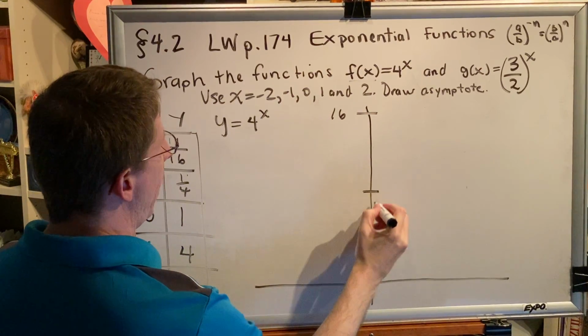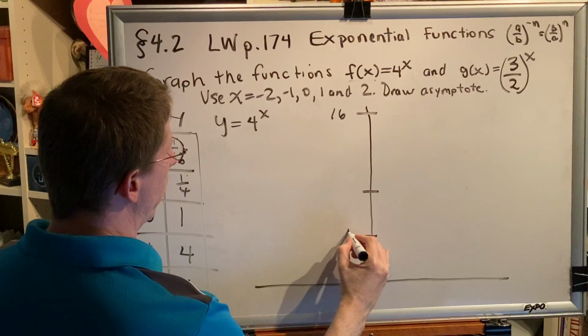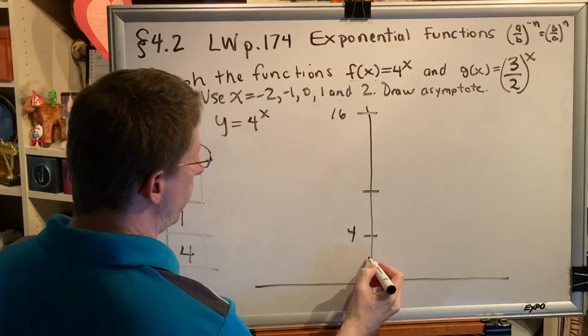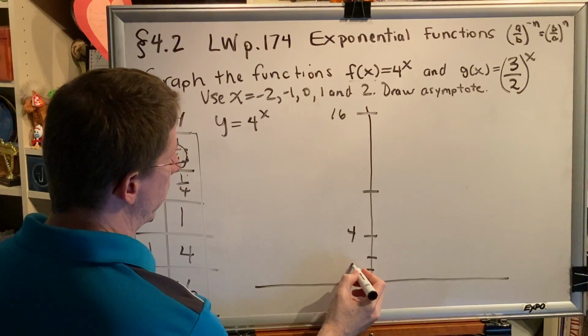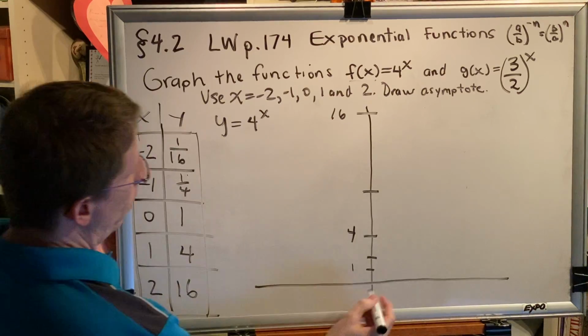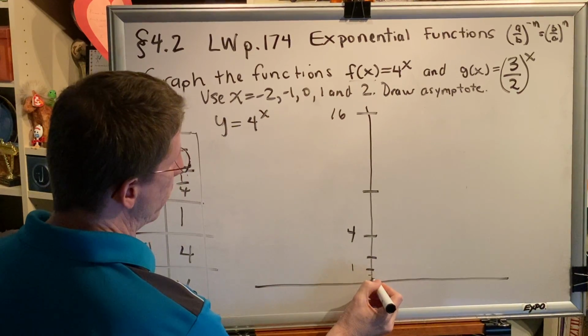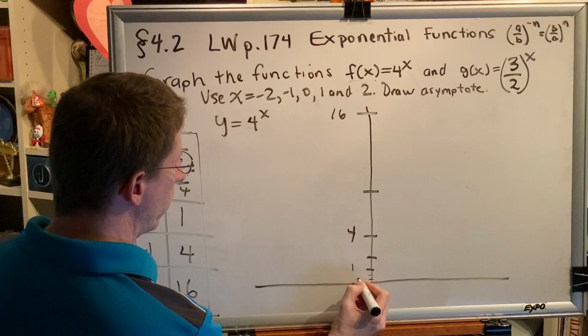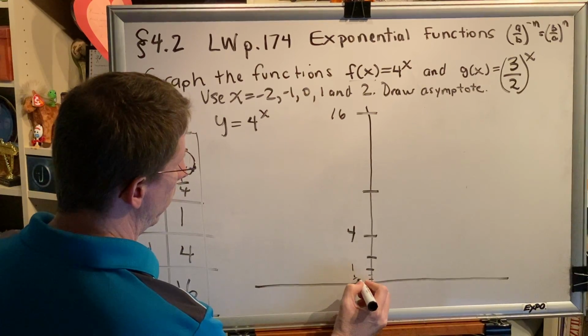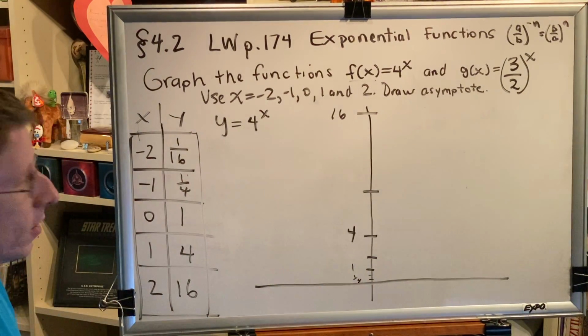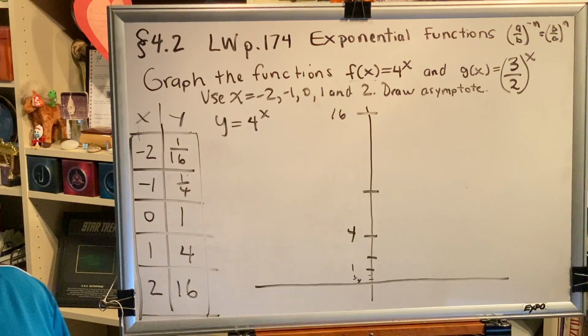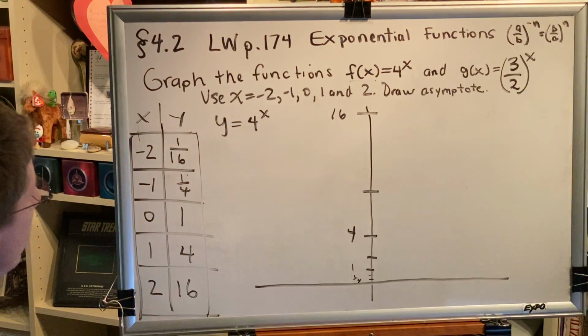Half of 16 would be 8, and half of that would be 4. Half of 4 would be 2, and half of that would be 1. Half of 1 is a half, and half of that is a quarter. And 1/16 is pretty tiny. I'm not going to even try to draw that on my y scale.